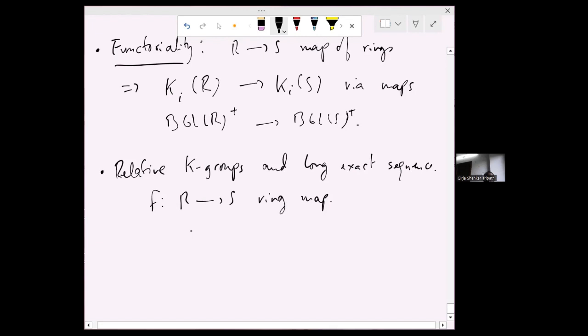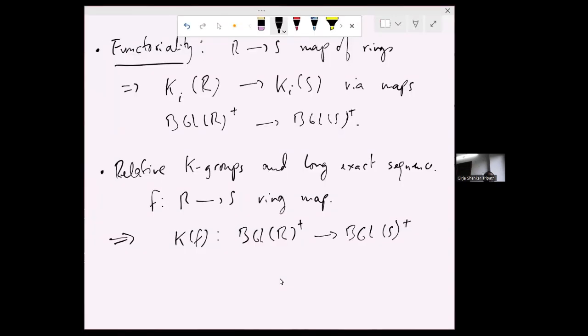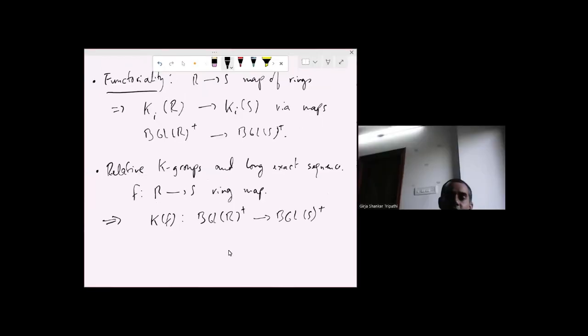So what we do, these are right and we choose a base point, something unique.